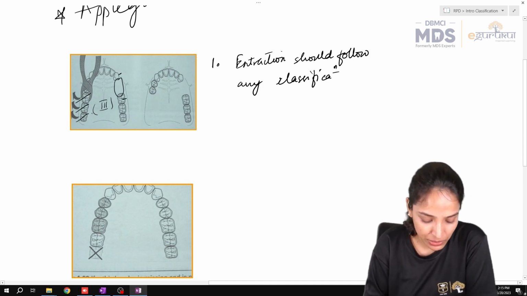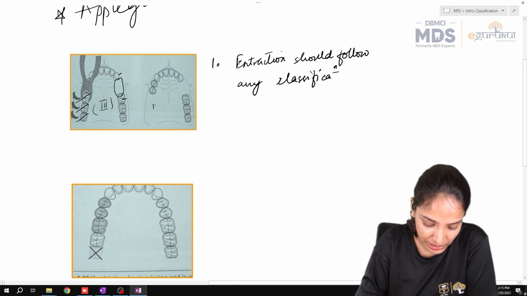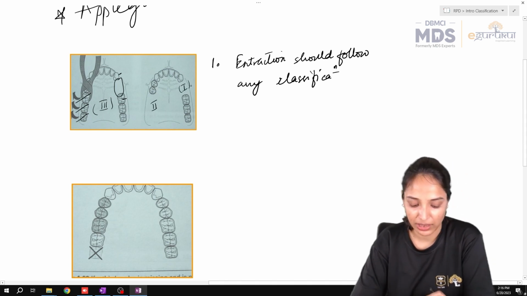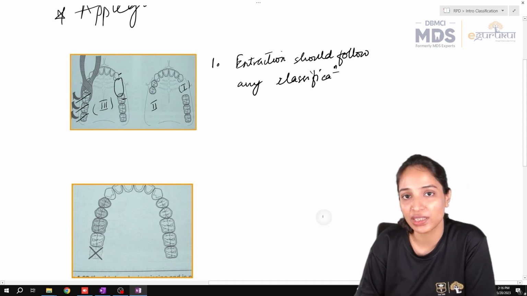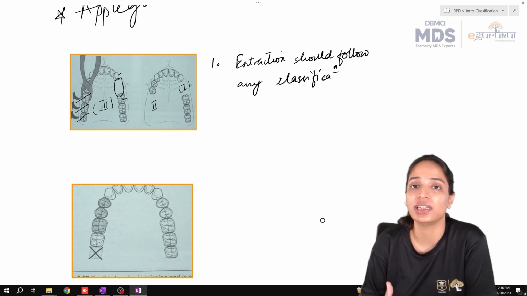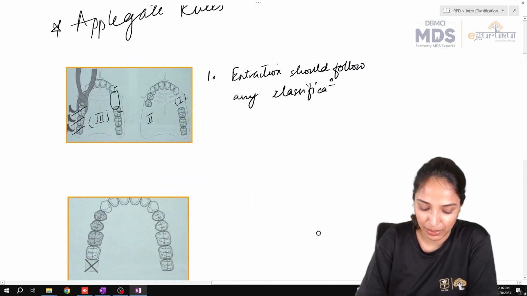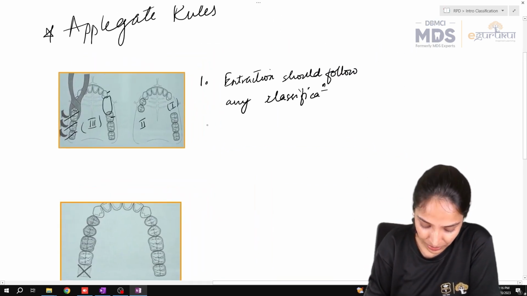But once we do the extraction and then we rehabilitate the patient, the classification becomes a Kennedy class 2 modification space 1, right? So the classification changes after extraction. That is why it is always advisable to do the classification after any necessary extraction is done. That is the first rule of Applegate's classification.